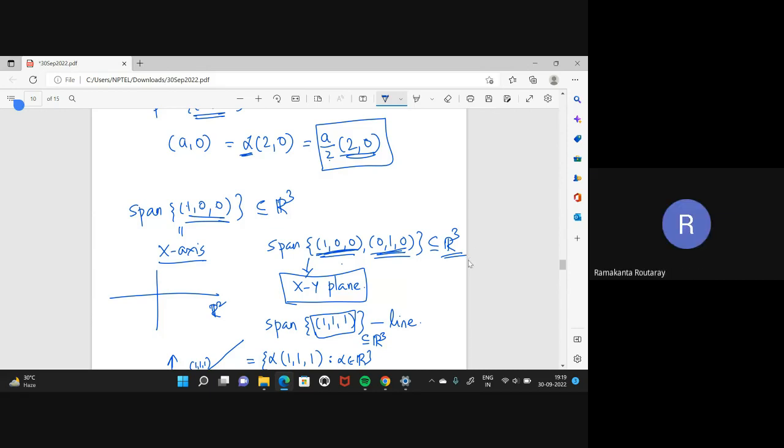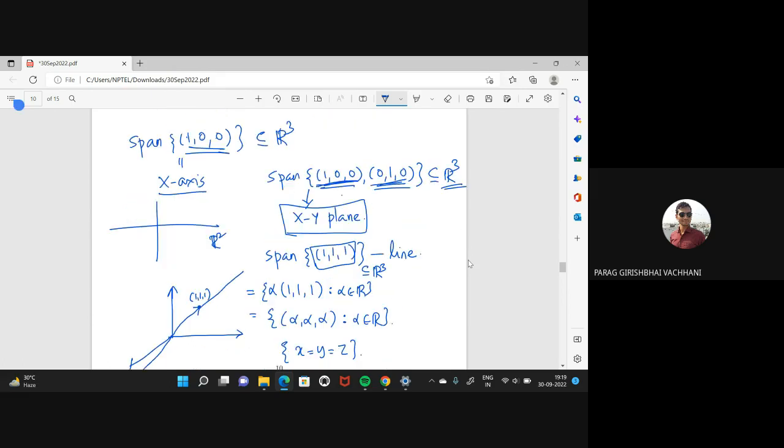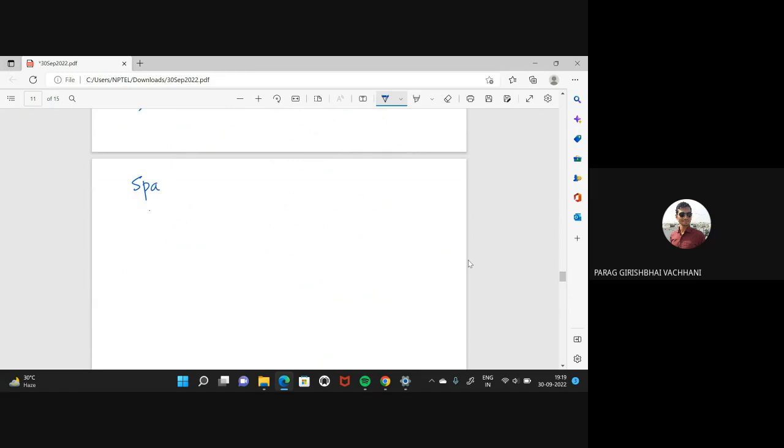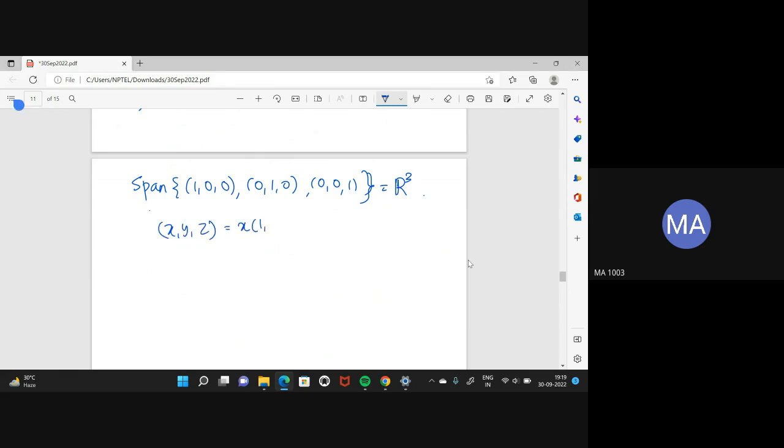And madam, if one more component like (0, 0, 1) is added to the set, then it becomes a spanning set for R3. Right. Span of (1, 0, 0), (0, 1, 0), (0, 0, 1): the span of this is R3, because any (x, y, z) can be written as x times (1, 0, 0) plus y times (0, 1, 0) plus z times (0, 0, 1).